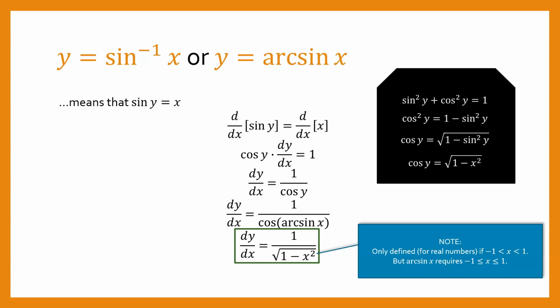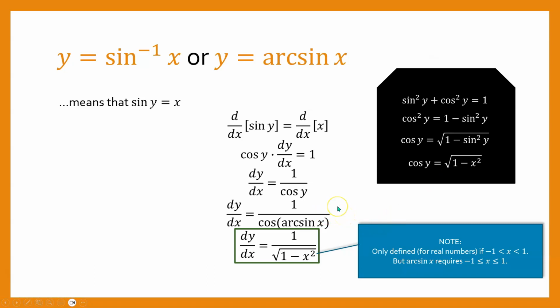And we can't take the square root of a negative number if we're just working with real numbers. But that's okay, because if x were not between negative 1 and 1, we wouldn't have been taking the arc sine of x in the first place. Arc sine of x is only defined when x is between negative 1 and 1.